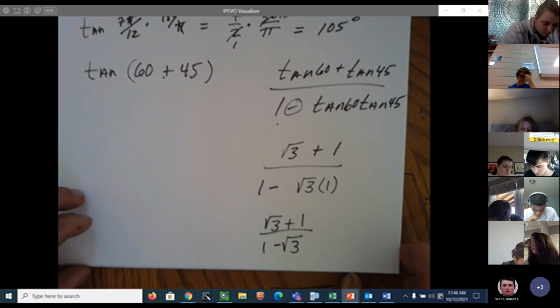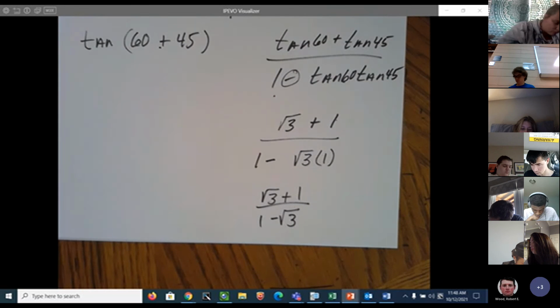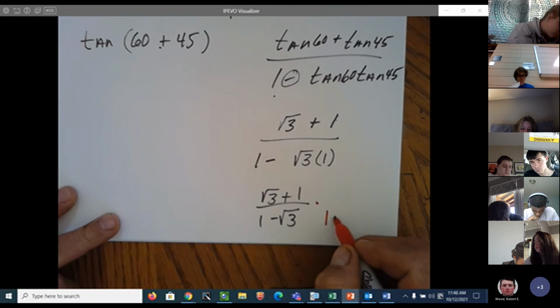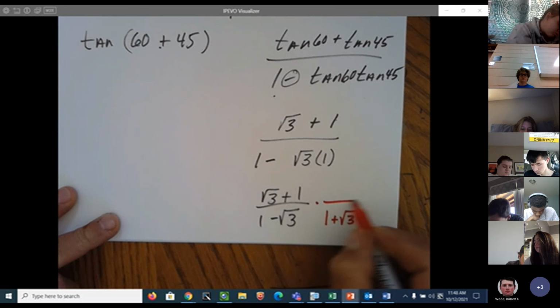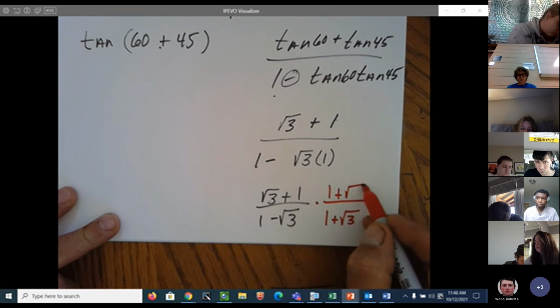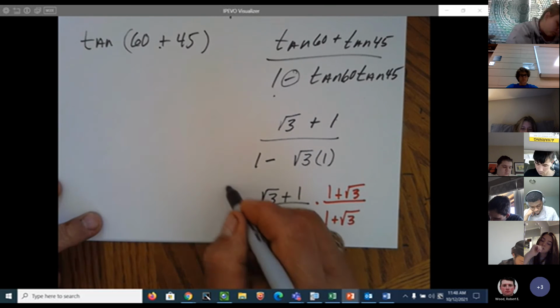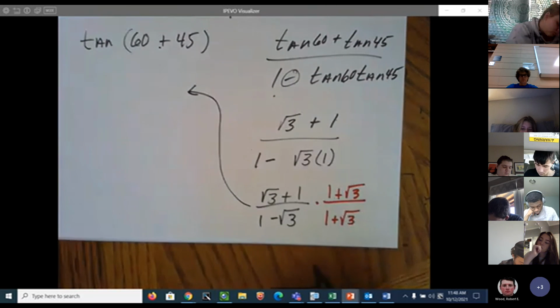So you're going to multiply by the conjugate. And the conjugate of 1 minus square root of 3 is what? 1 plus square root of 3, Hubert. And that's going to give you shortcut number 3 on the bottom.